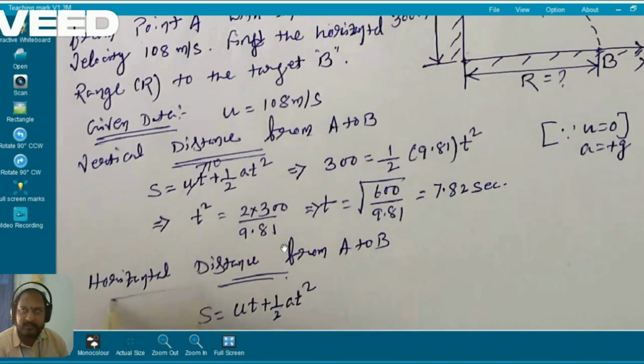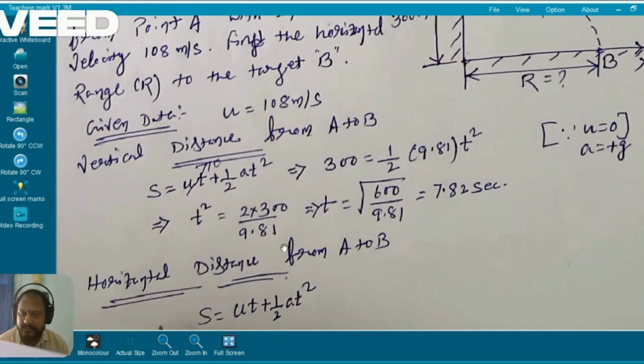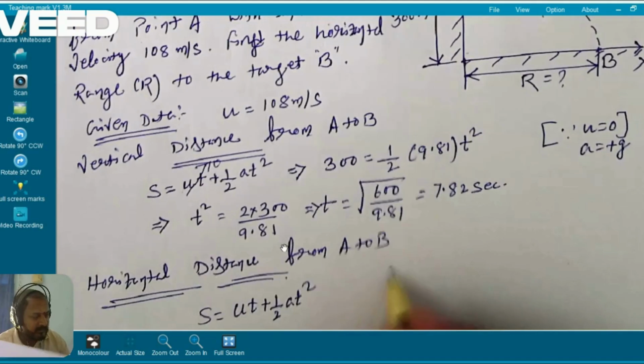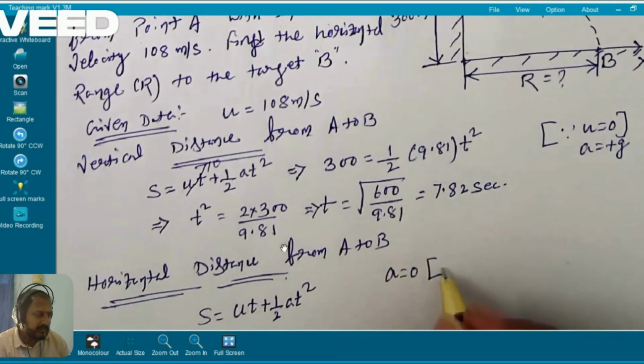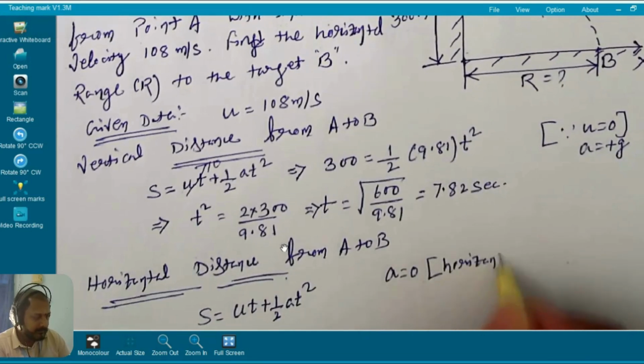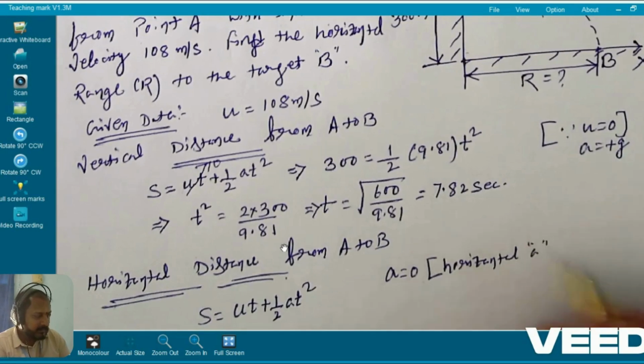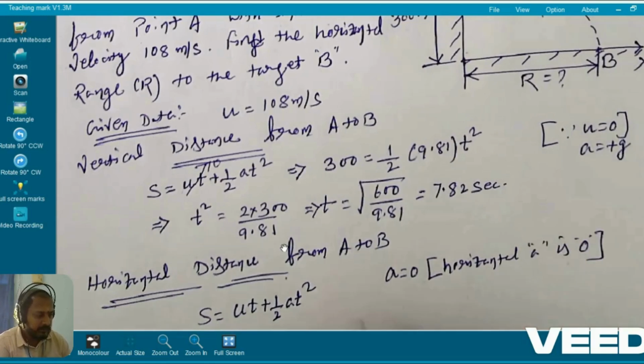So whenever you are considering this particular horizontal distance, okay, so A will be 0. Why A will be 0? Because the horizontal acceleration is always 0. So horizontal acceleration is 0. That is why A is 0.